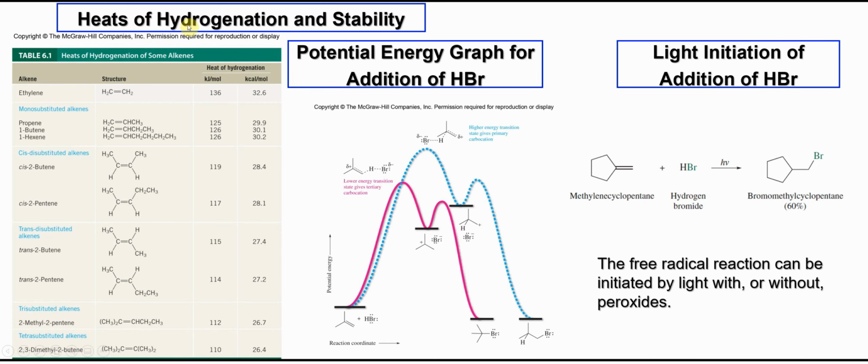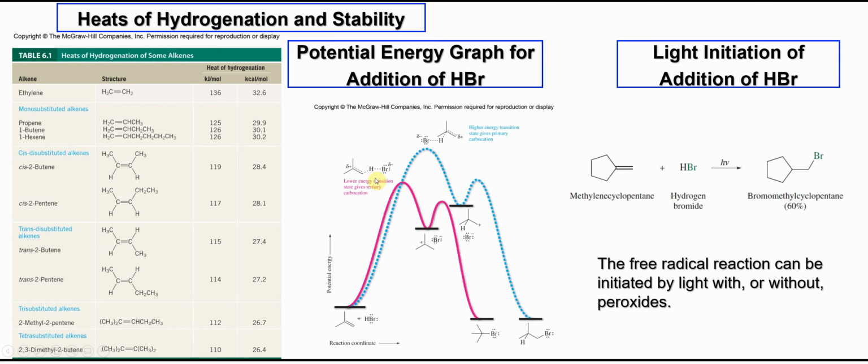Followed by, I showed you several compounds, such as all of these different alkene compounds. What is the heat of hydrogenation? The heat of hydrogenation essentially corresponds to the stability of the related compounds. The higher the heat of hydrogenation, the less stable, meaning the forward reaction rate will be faster. And also about the different addition reactions, such as the addition of hydrogen halides through carbocation formation.